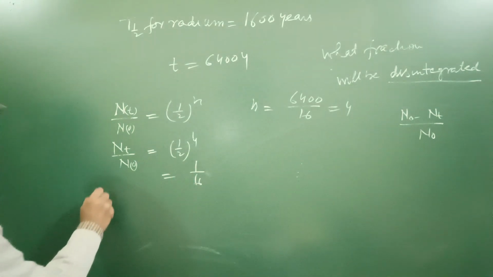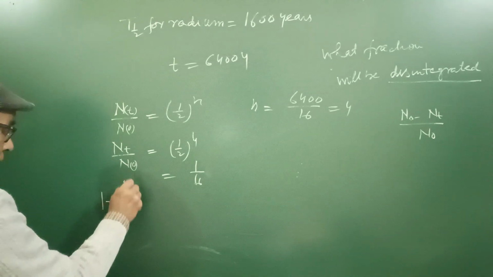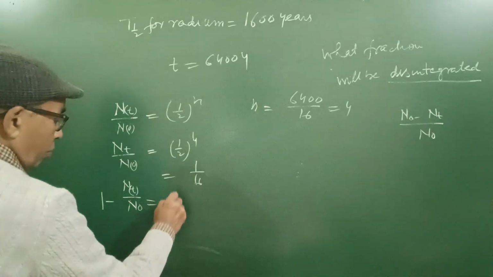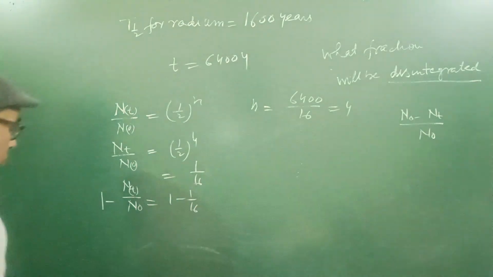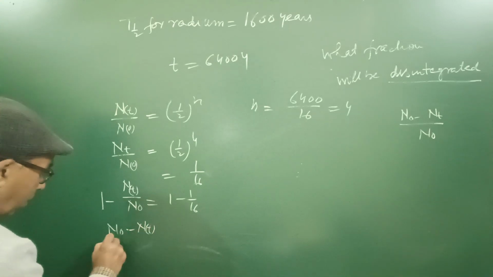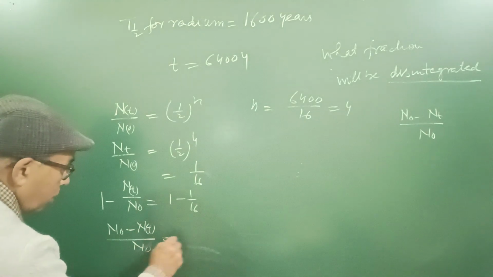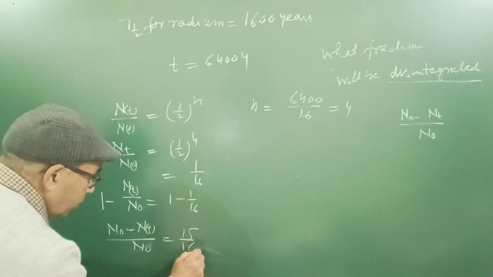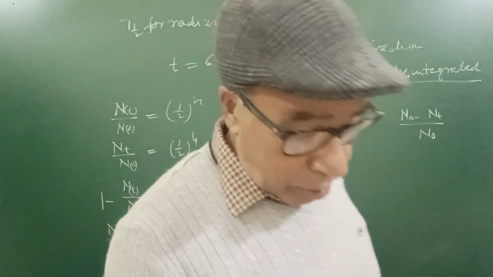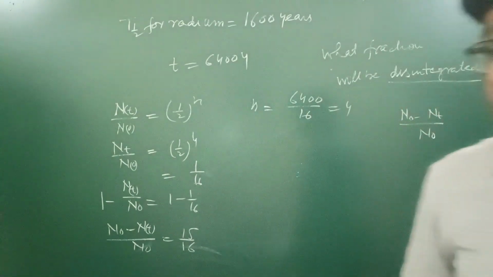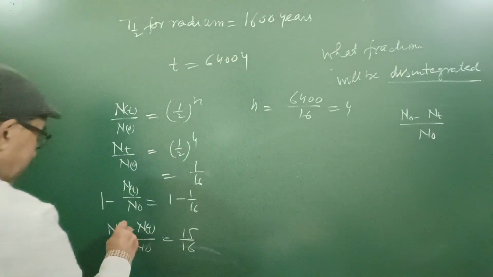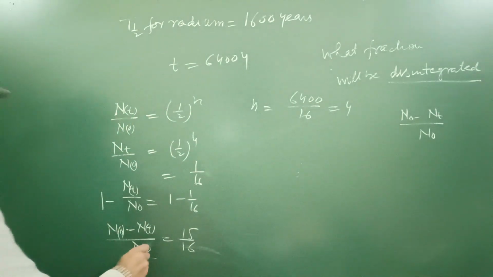If I write N0 minus NT, that is subtracted, so 1 minus 1 upon 16, then N0 minus NT upon N0 is 15 by 16. This is the answer. Actually you are asked what fraction got decayed. This is the number of radioactive nuclei decayed divided by the original number.